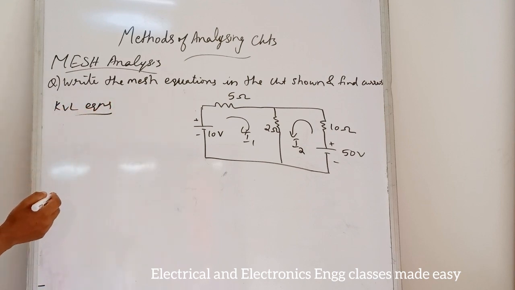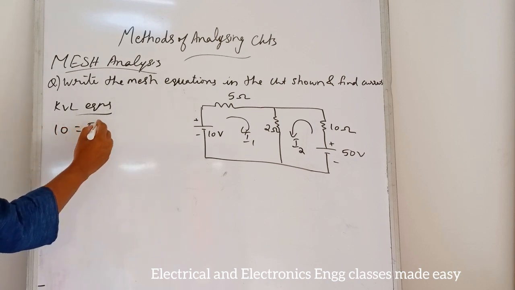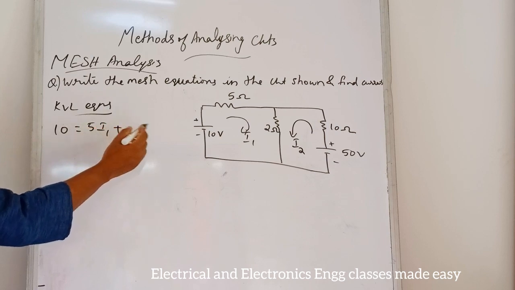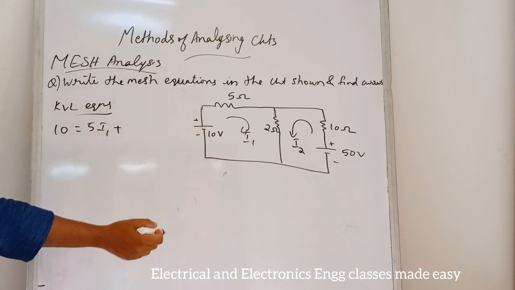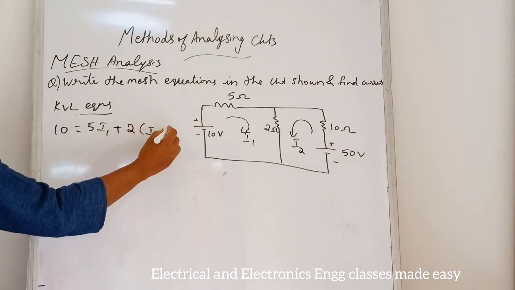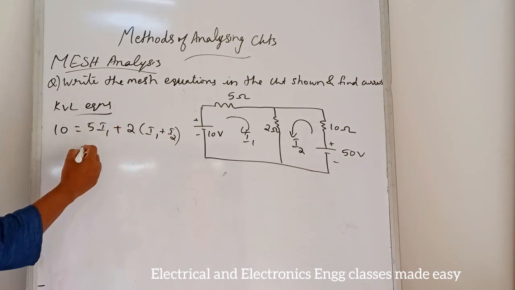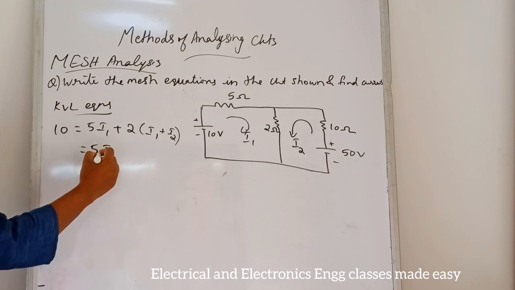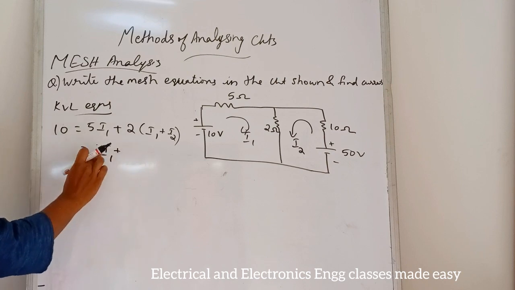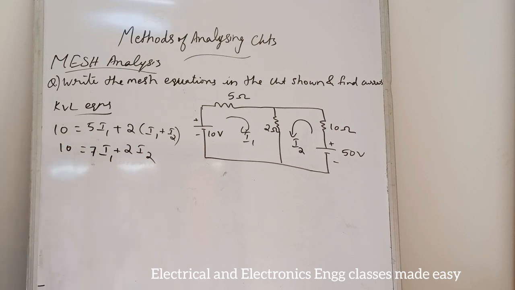So in the first loop we get 10 equal to 5I1 plus the current through the 2 ohm, which is I1 plus I2, so 2 into (I1 plus I2). Next, 5I1 plus 2I1 is 7I1, plus 2I2, equals 10.